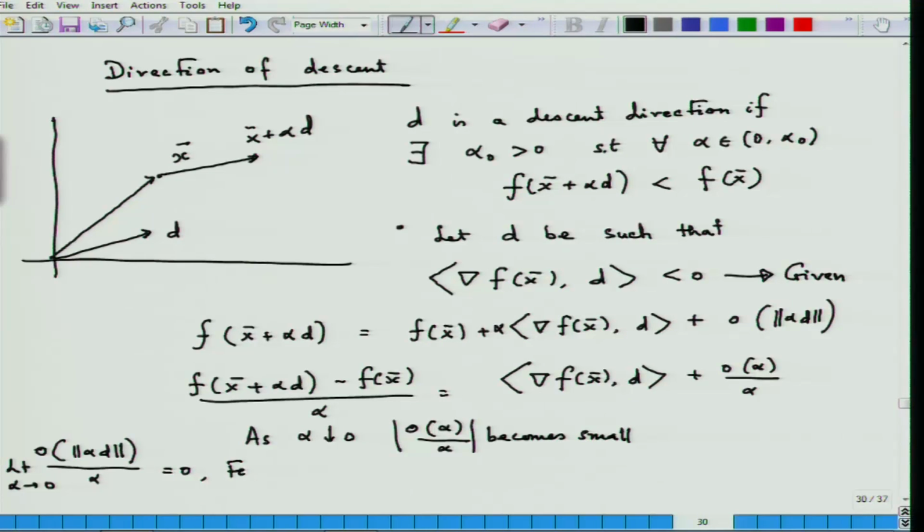So, for alpha sufficiently small, which is a shorthand for saving a lot of writing, alpha is greater than 0, of course. Let me put it this way: 0 plus, which I have written here so that you remember alpha is strictly greater than 0. For alpha sufficiently small, we have this whole thing strictly less than 0.